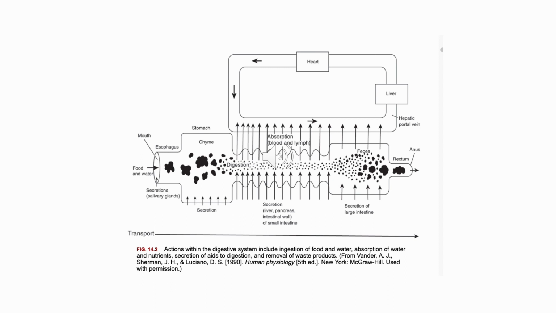However, the pancreas produces copious amounts of bicarbonate and secretes it into the duodenum to neutralize the acid in the partially digested contents from the stomach.